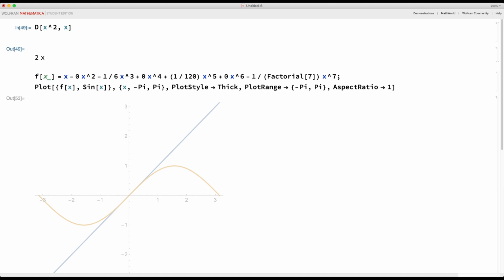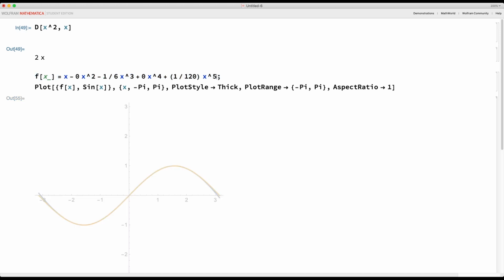Yeah? Okay. Now, if I graph this along with my function, sine, what do you guys notice? Pretty close. Okay, where does it finally look like they're getting a little bit off of each other? Over at pi, right? Okay, so let me actually exaggerate this by getting rid of the x to the 7th term.